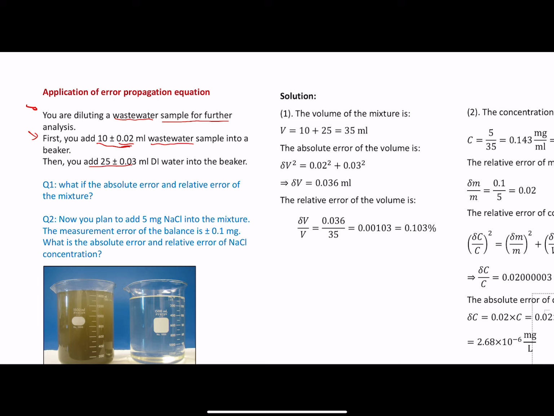Then we add another volume of DI water into the beaker, so we have a mixture of wastewater and DI water. I think you may have done this experiment in a previous class, like the solid lab. For question 1, the question is: what is the absolute error and relative error of the mixture?